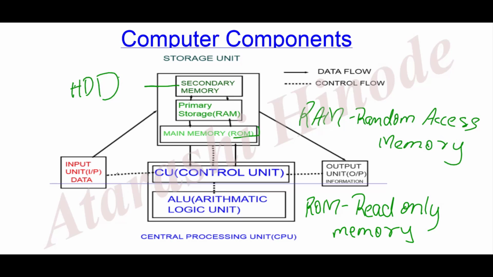So the data flows among the three hardware units, from the input unit to the storage unit, then the computer processes it, then gives it back to the output unit as information.